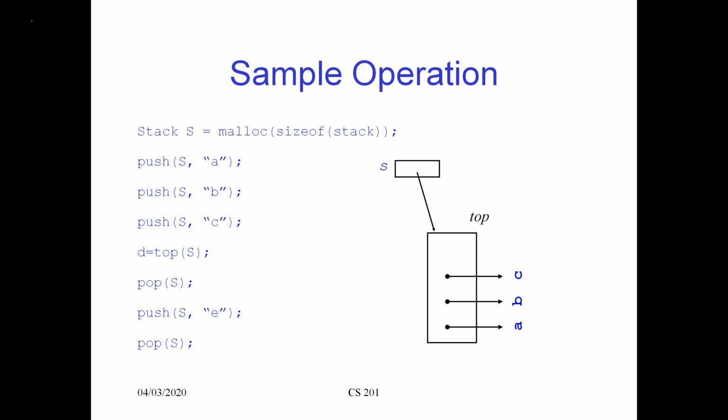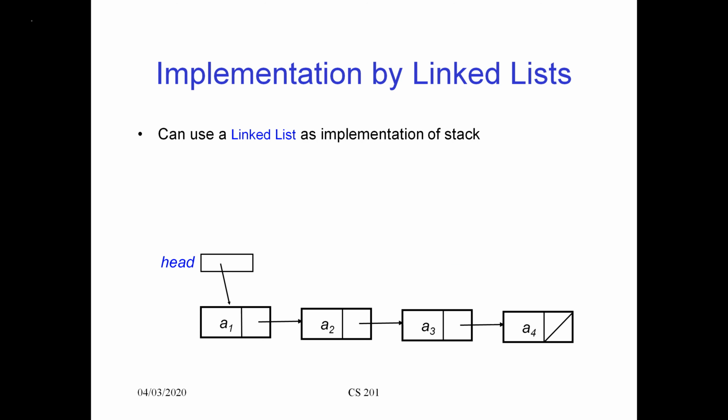Now you get the top of the stack, which is C, and then you pop. C comes out first, and then you go into the pop operations further. We can also implement this stack using a linked list kind of construction.